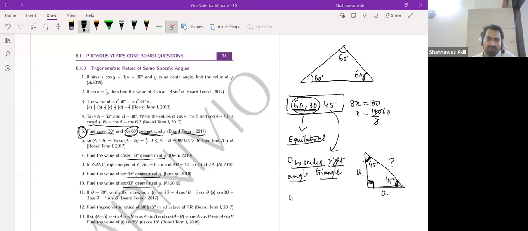B. Why B? The value, Shaima. What is this value? What is the hypotenuse? No, no, this is hypotenuse. Why B? Okay, so a power 4.